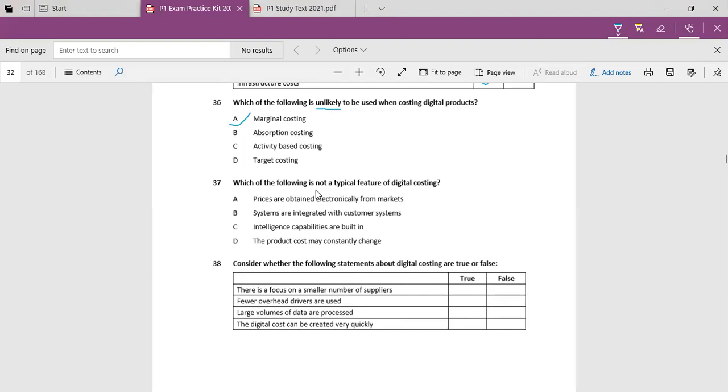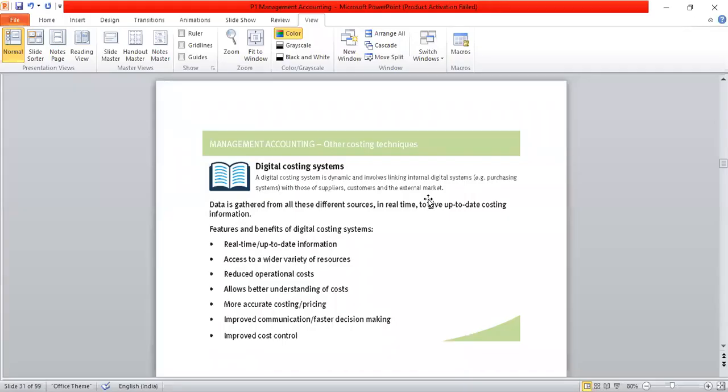This one is also not a typical feature of digital costing. The digital costing system is dynamic and involves linking internal digital systems with those of suppliers, customers, and external market.